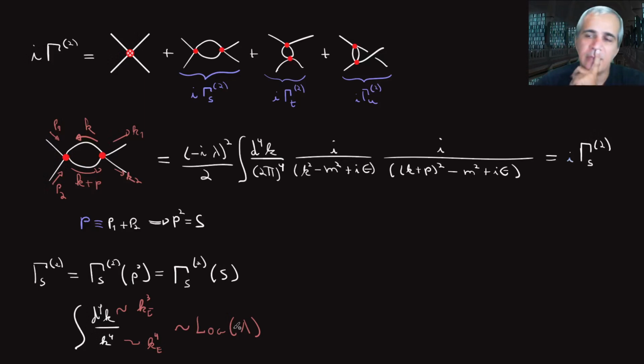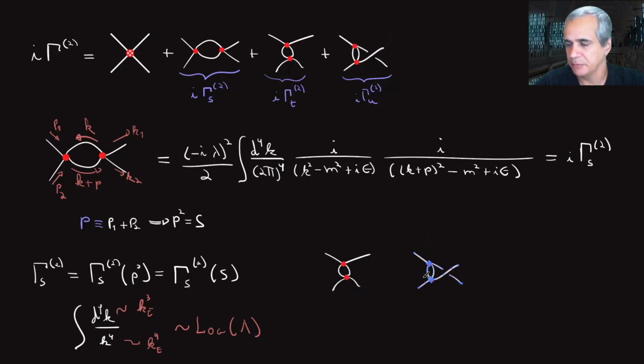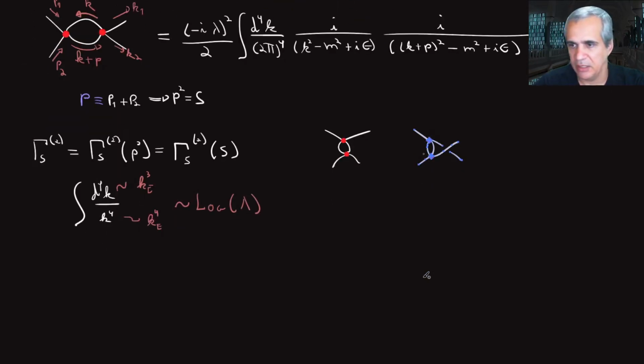Also, you can notice something about these other two diagrams. Let me copy them here and define momenta. The external momenta are all the same. In fact, they don't enter this calculation directly, at least.